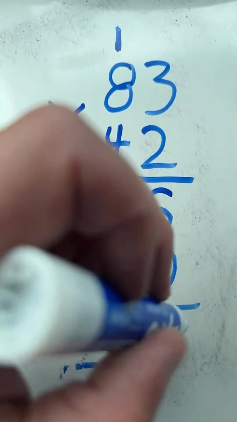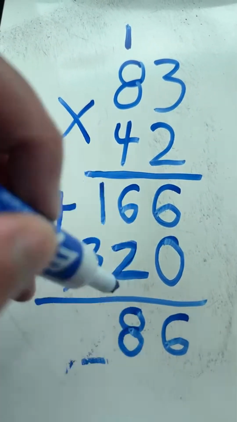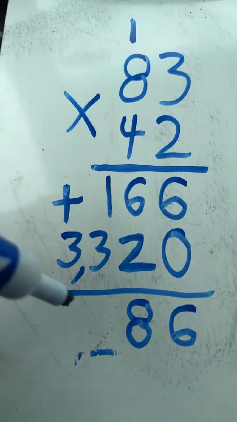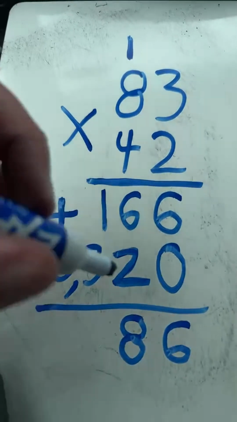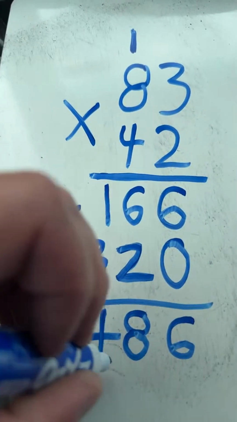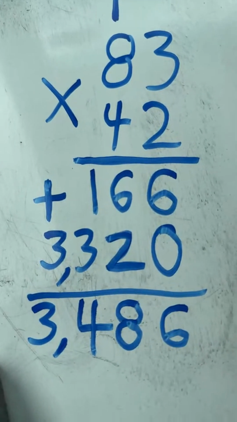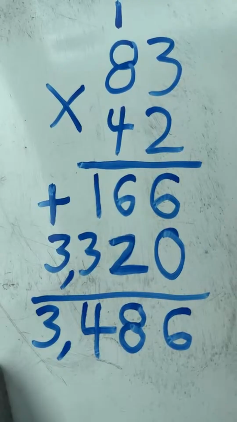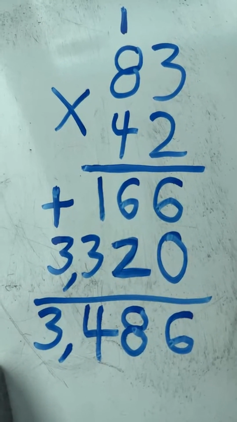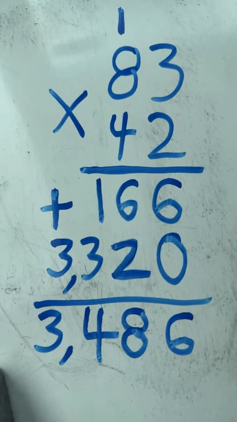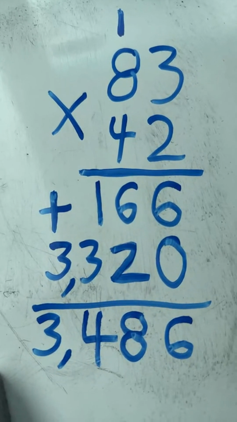So 6 plus 0 equals 6. 6 plus 2 equals 8. 1 plus 3 equals 4. And 0 plus 3 equals 3. And we have our final answer. 83 times 42 equals 3,486.